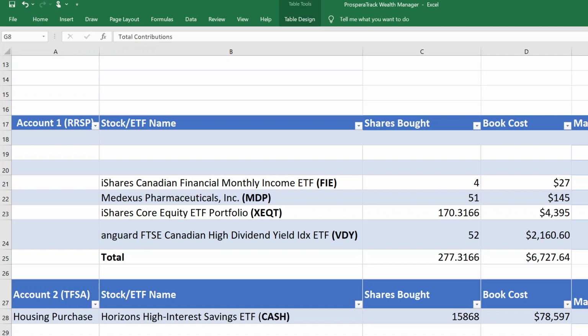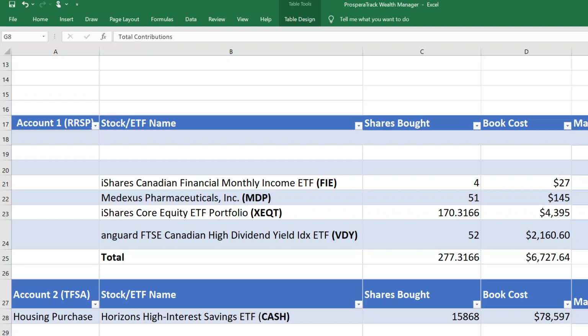That was the drawing factor when I first began to look at this product. At the moment, I currently own about 170.31 shares of this particular ETF.